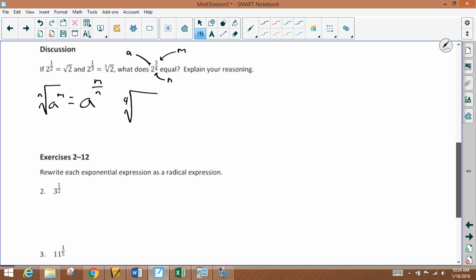And a is 2, and m is 3, okay? Just remember, the denominator goes on the outside, the numerator goes on the inside. So that is the same thing as the 4th root of 8. And I don't think we can simplify that, right? Because there's no number that you can multiply by itself 4 times and get 8. So we'll just leave it like that.